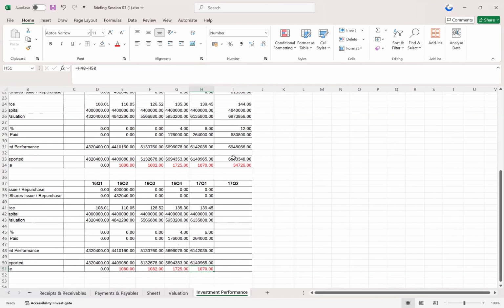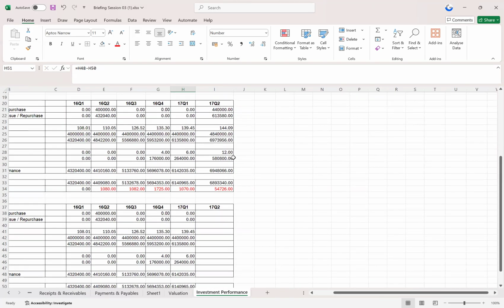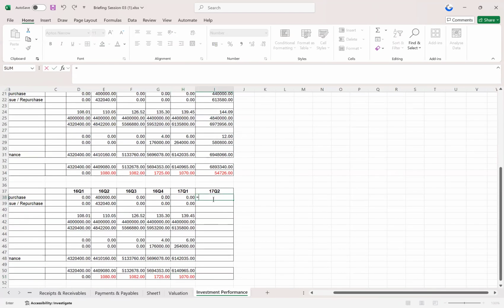Right. Finally, in the last quarter, they again issued 10% shares. So this into 0.1 they issued. If they issued, this was issued at this into this divided by 100. The share price that was reported was 144.09.